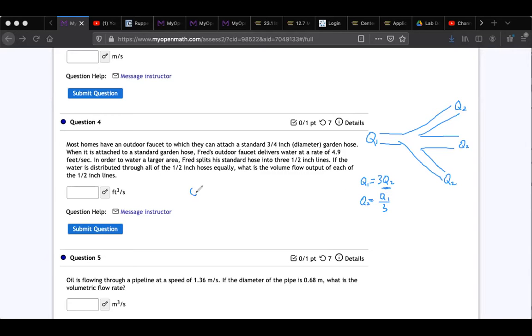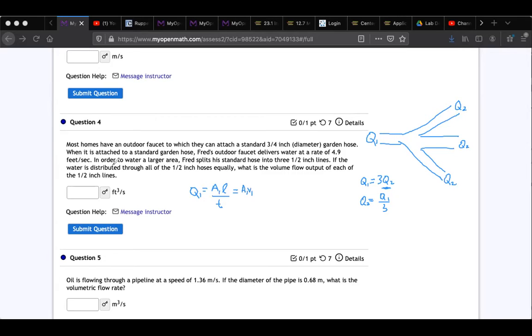Well, flow, Q, or Q1 in this case, is equal to the cross-sectional area, so that's area 1, times the length of the cross-sectional area, which gives you your volume, and that's divided by time. And length divided by time is velocity, so it's also equal to area 1 times velocity 1.